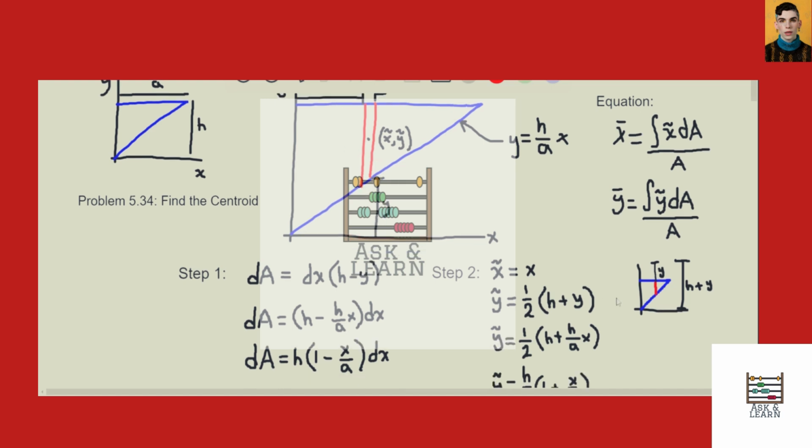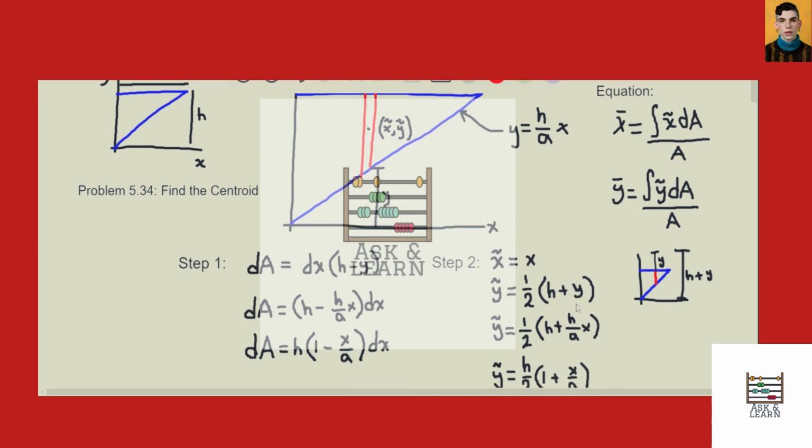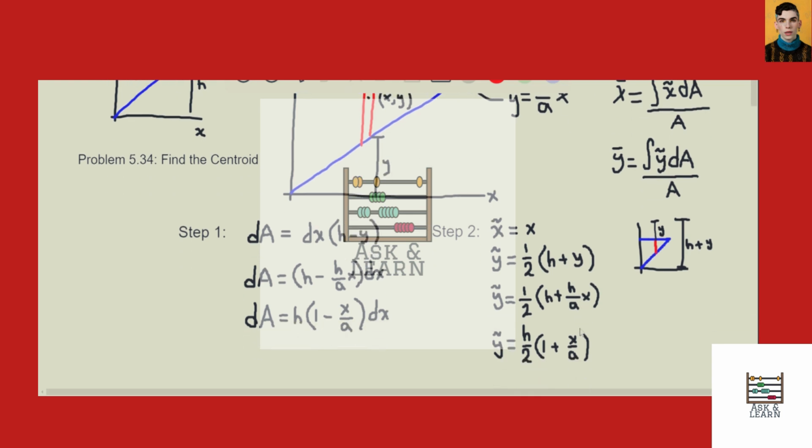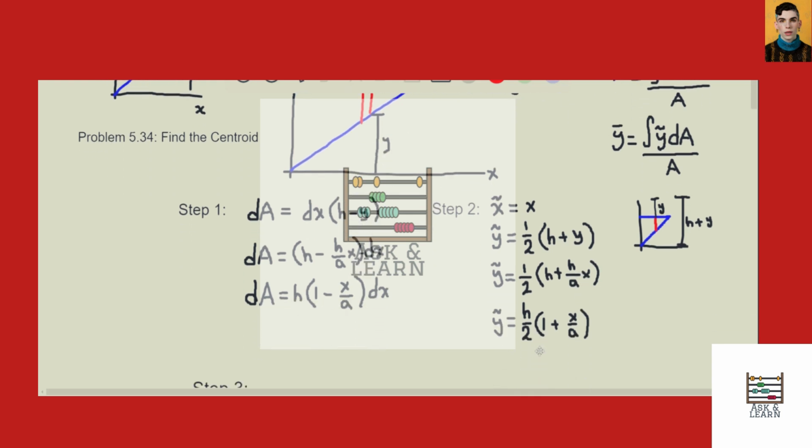Well, I brought that y up above. So this height here is h plus y, and the center of that is going to be h plus y divided by 2. Then I plugged in h over a times x for y and simplified. And so we have dA, x tilde, y tilde.